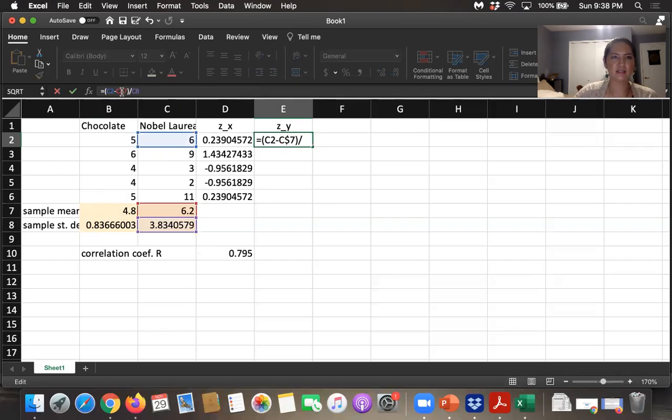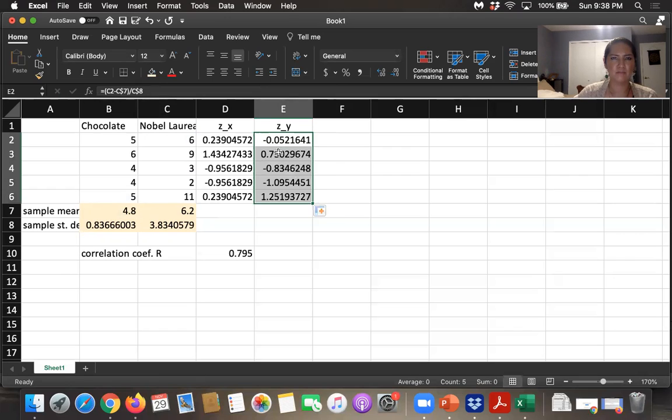So that's C$7 and C$8 with a dollar sign in between. And that's going to make sure we continue to reference C7 and C8 as we drag and drop. So notice this one is C3 minus C7 over C8. This one's C4 minus C7, all divided by C8, and so on.